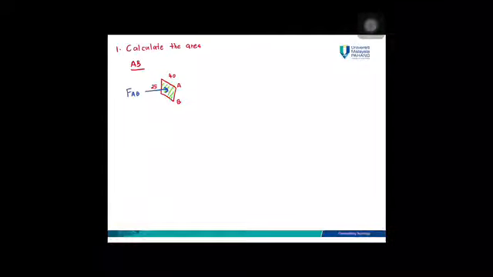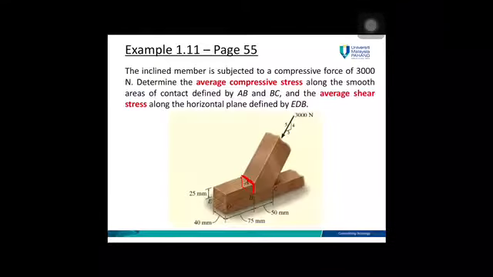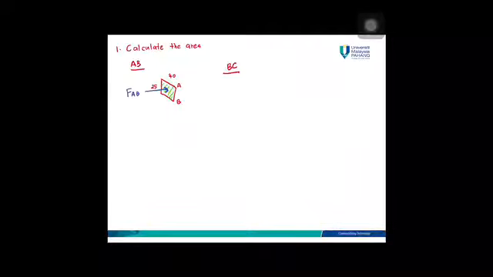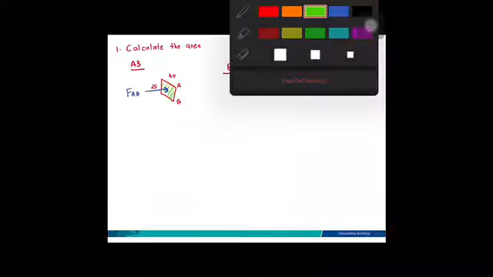And now the second area is BC. This is BC, and the area for BC is here. And then you draw the BC area.